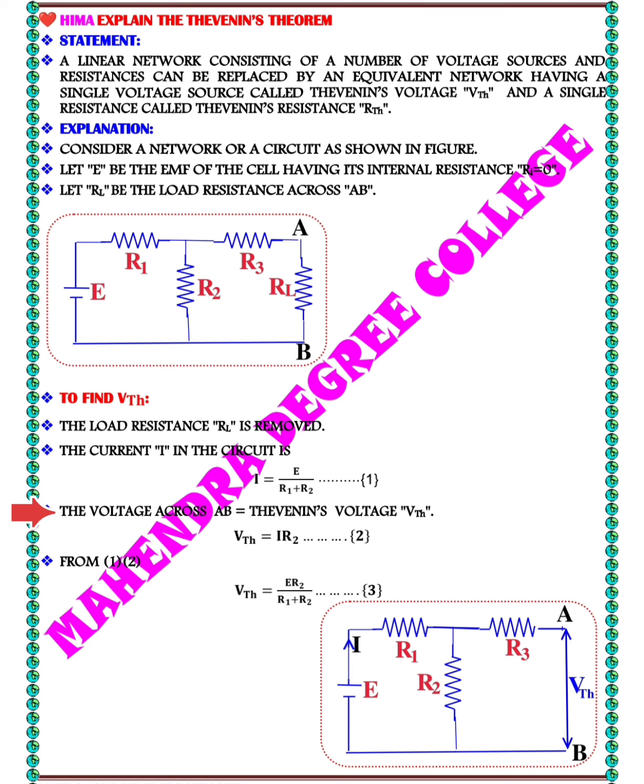The voltage across AB equals Thevenin's voltage VTH. It means in the circuit diagram, the voltage across terminals AB is indeed equal to Thevenin's voltage, which is also known as the open circuit voltage across those terminals.